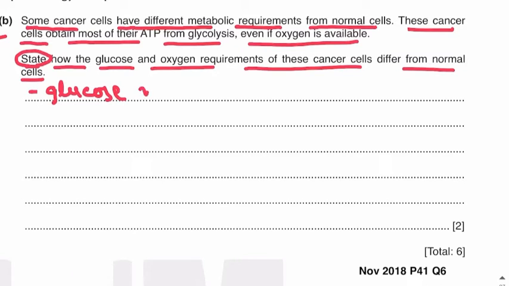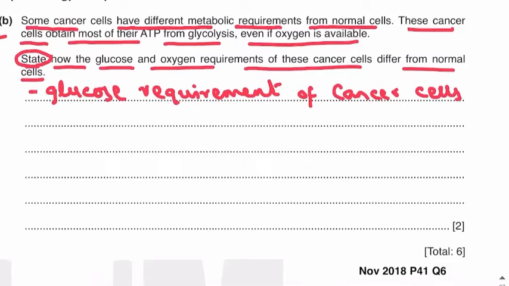Glucose requirements of cancer cells will be higher as compared to the normal cells, whereas the oxygen requirement will be lower.